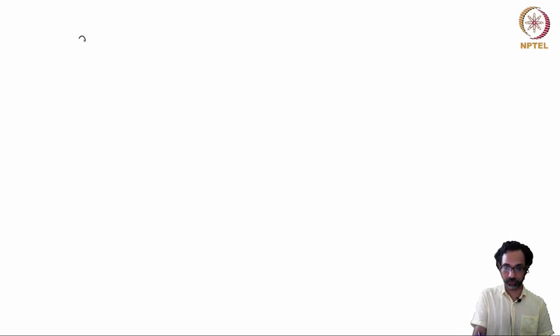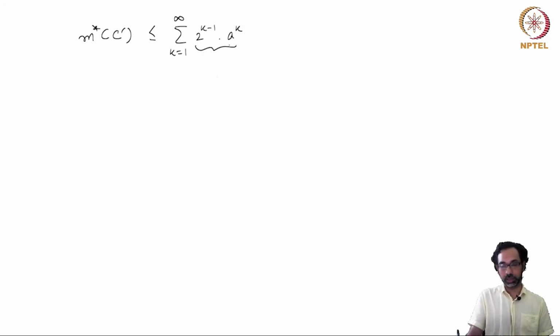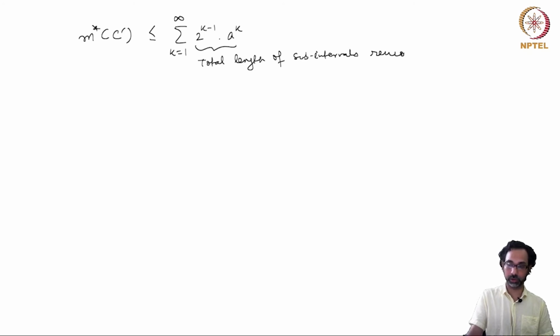To show this, note that m star C prime is less than or equal to the sum, k equal to 1 to infinity, of 2 to the power k minus 1 times a to the power k. So this is the total length of subintervals removed at the kth stage.